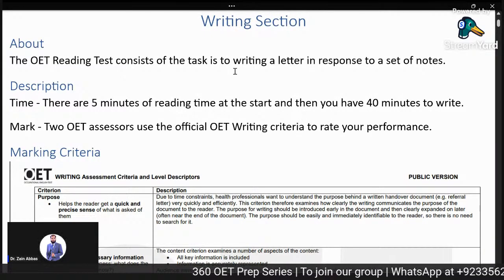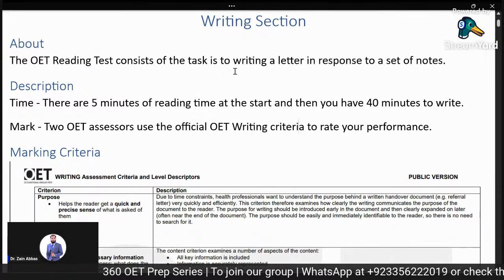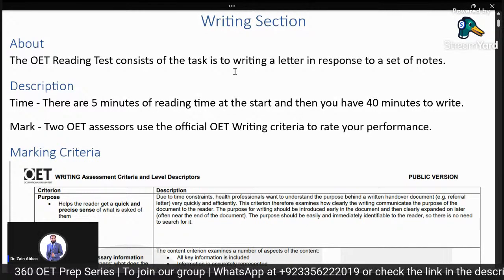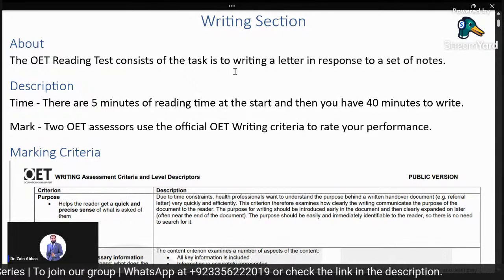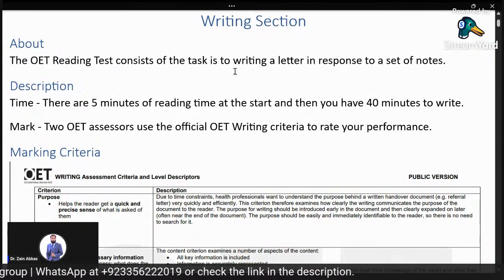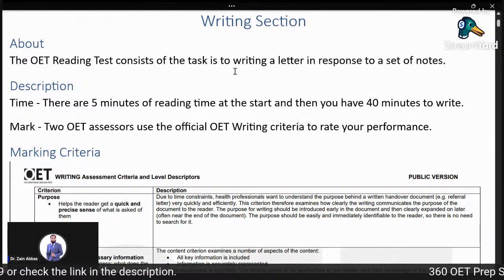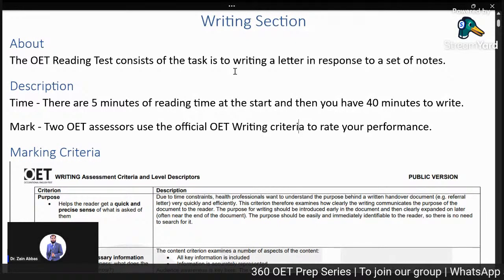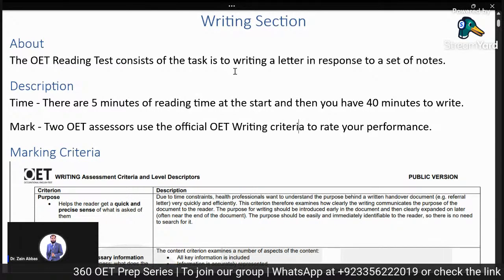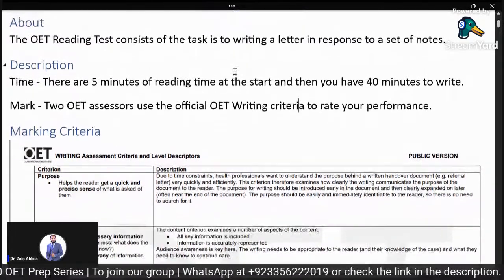Mostly, around 90 to 95% of the time, the task is to write a referral letter. But in the recent exam there was a discharge letter. So you should be aware of all these three important types, and it should be in your reflexes to write these letters. It doesn't matter what is in the paper or task.